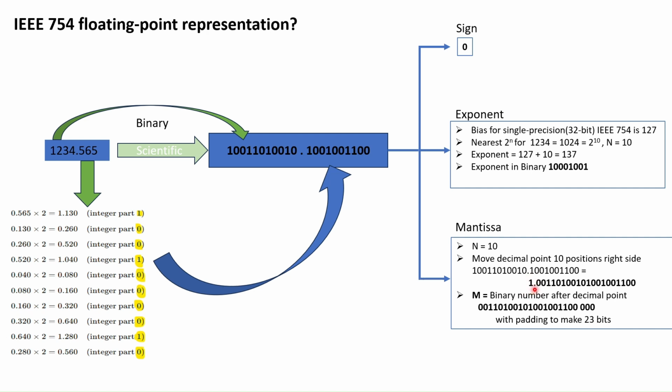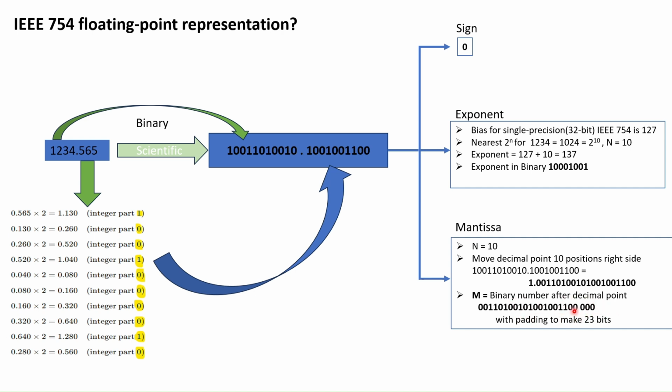We will omit whatever is before the decimal point, and take all the values after it. So our mantissa is this one, and for 32-bit it should be 23 bits. If it is less than 23 bits, you can add zeros on the right side.